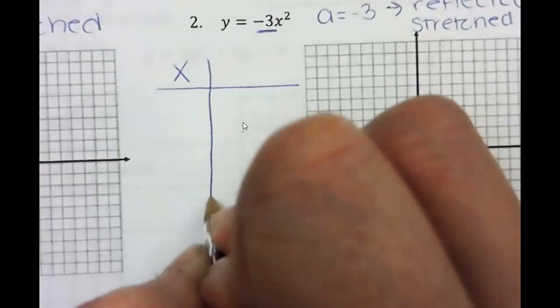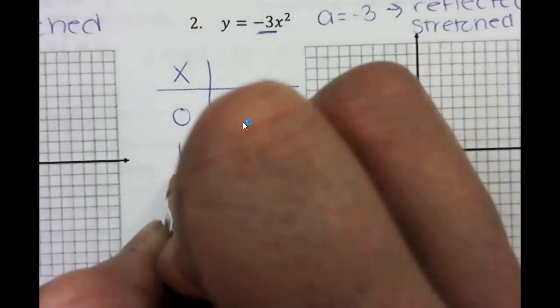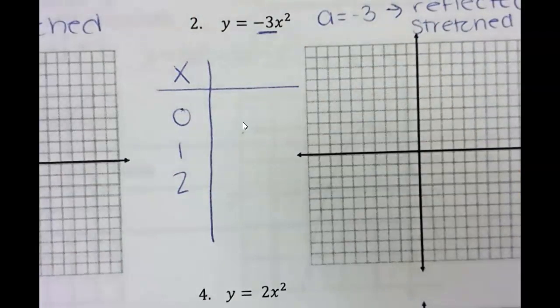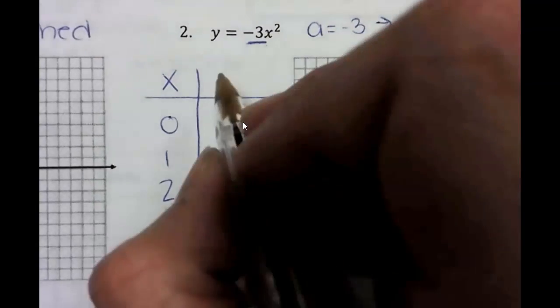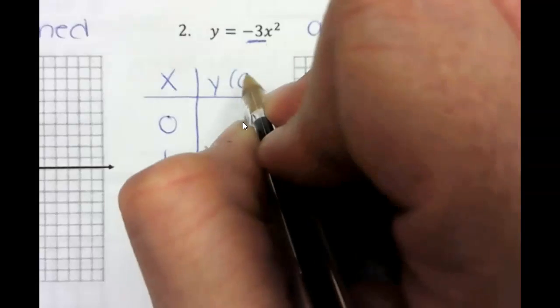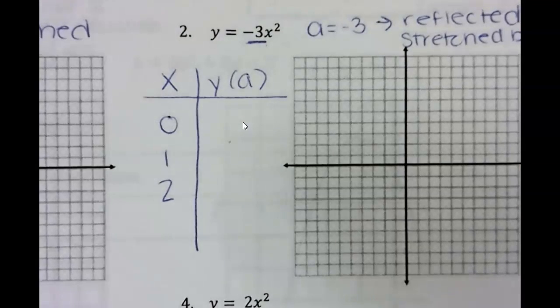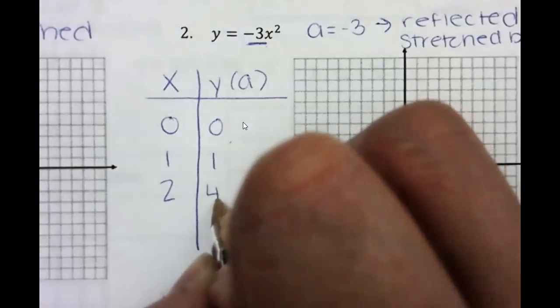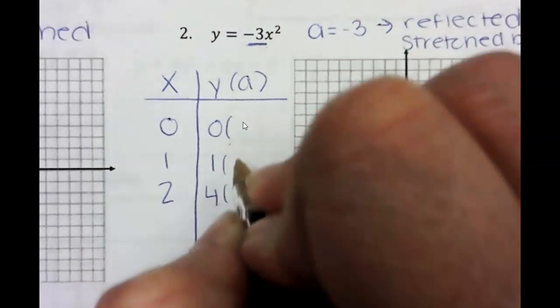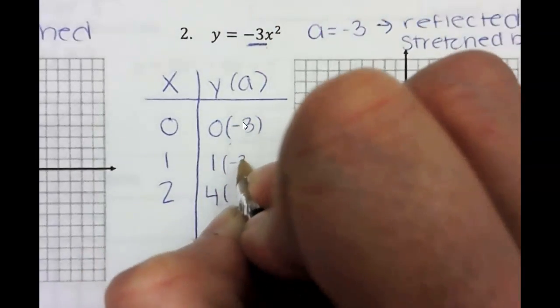So for today and our lesson, the x values are always going to be 0, 1, 2. Since there's no h and k, my y value is going to be affected by y, which is 0, 1, 4, multiplied by that a value, which is negative 3.